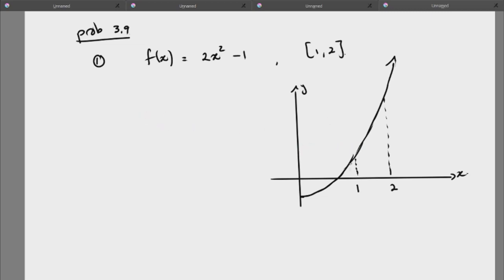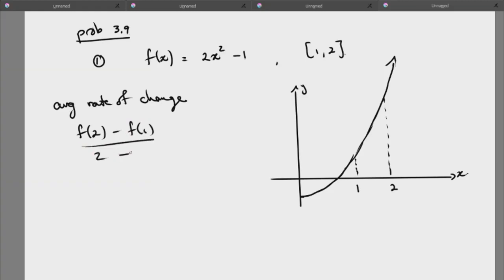Might not really be to scale, but regardless, it's okay. I'm not going to draw the secant line because this guy is sort of straight, close to straight already. But average rate of change over the given interval, very simple. f of the second function value minus the first, over the second x value minus the first. Super easy.